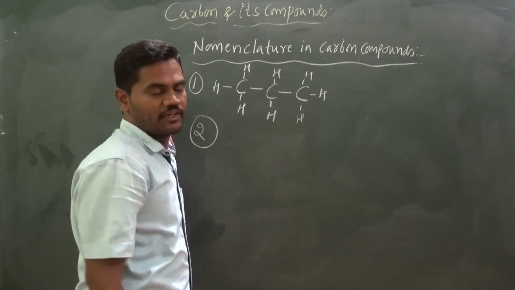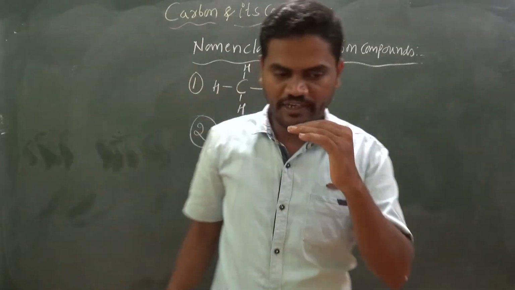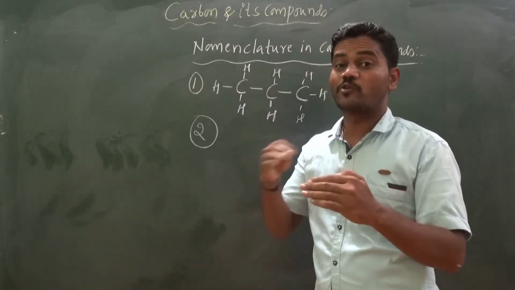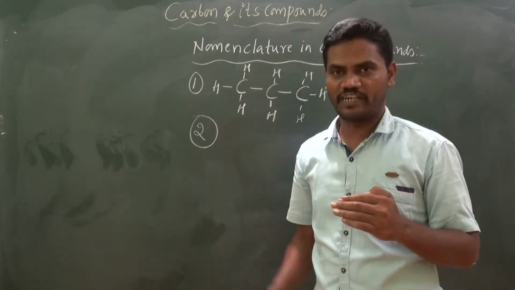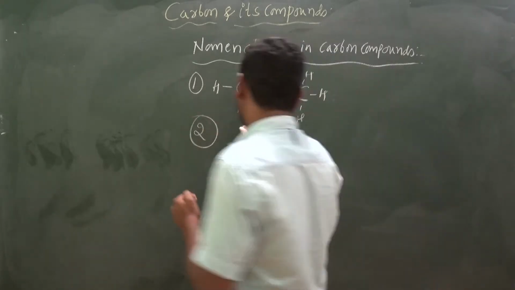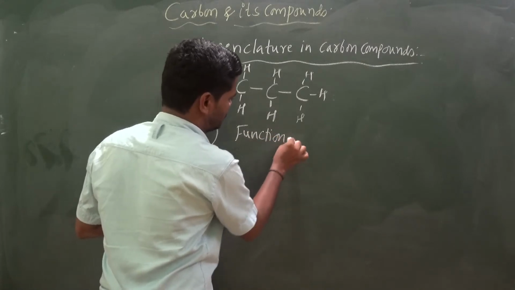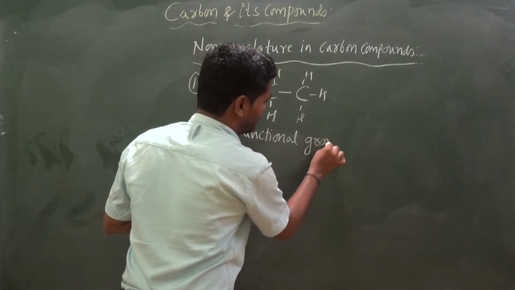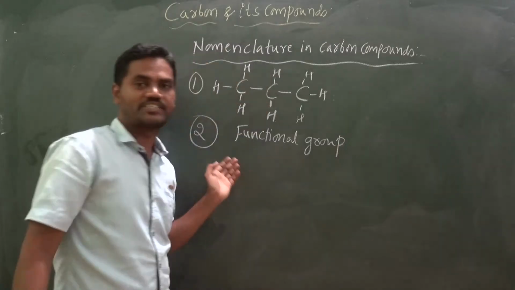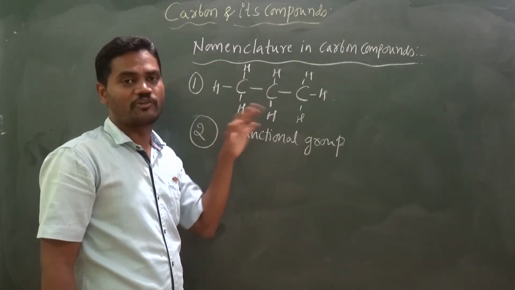The next rule: whenever they give the organic compound, you have to see the functional group also. Which functional group is present on that organic compound? Count the number of carbon atoms, that is the first point. And next, whether they have given any functional group in it or not, you have to see.